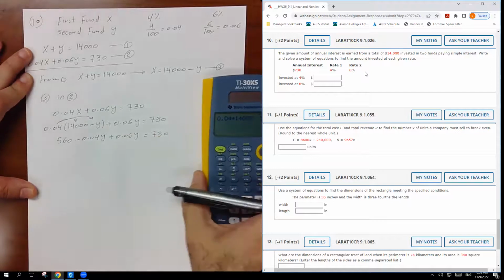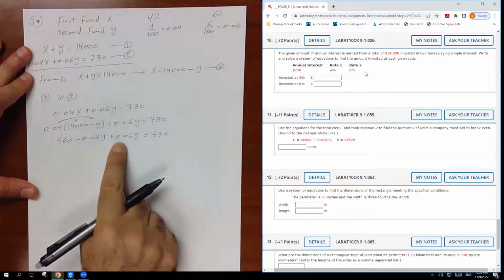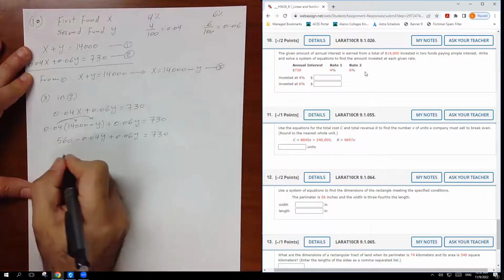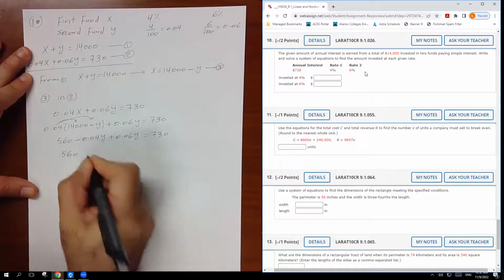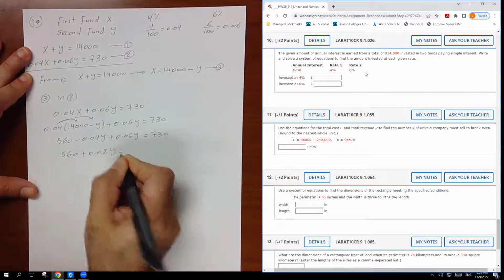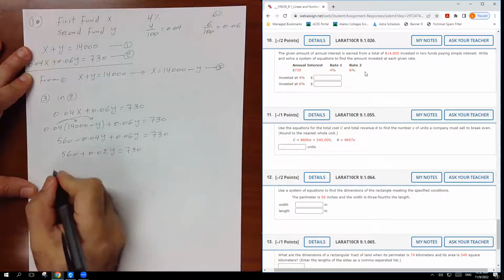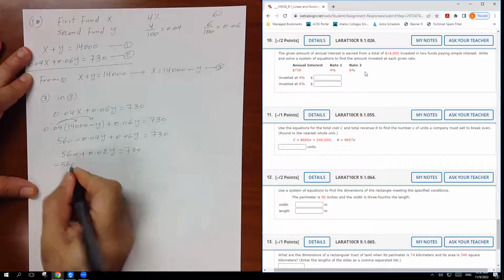Now, next step, we're going to combine the like terms. 0.04Y plus 0.06Y is going to be 0.02Y. So 560 plus 0.02Y equal 730. Next step, we're going to subtract 560 from both sides.